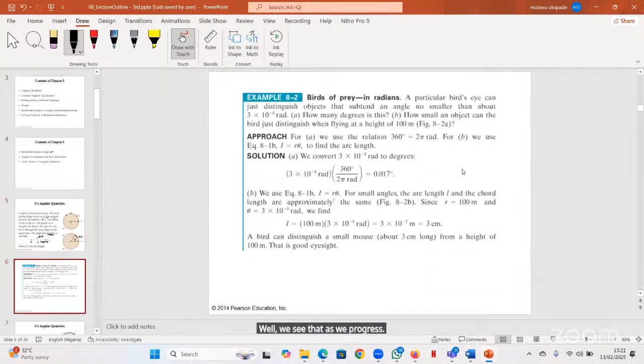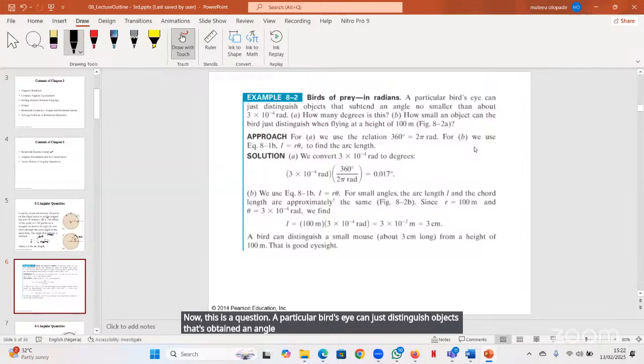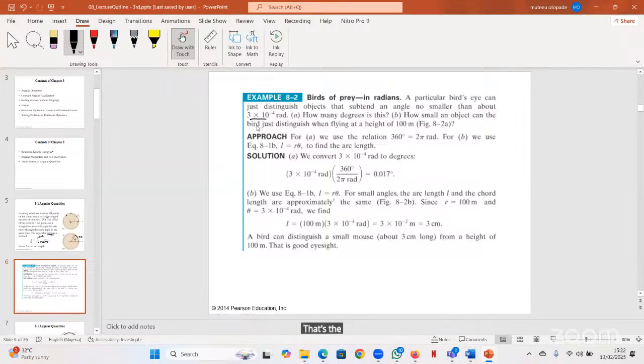Now, this is a question. A particular bird's eye can just distinguish objects that subtend an angle no smaller than about this radian. That's the angle subtended by the object, but the eye can see it if it is within this. So how many degrees is this?